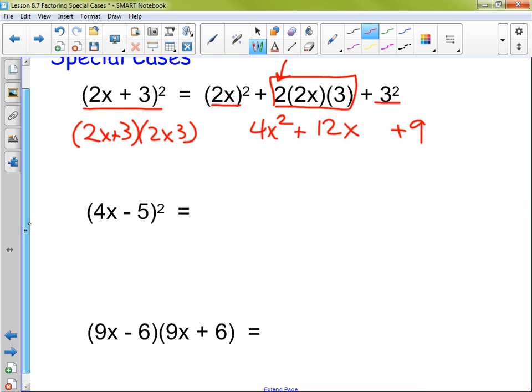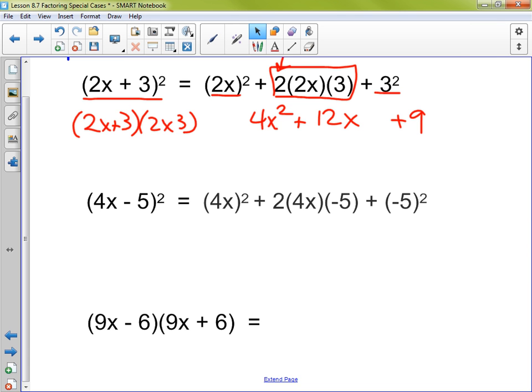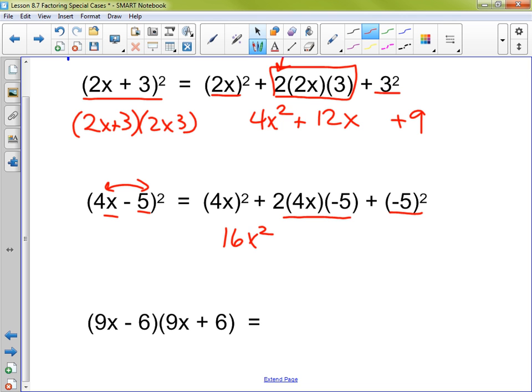The same was true when you have a subtraction, (4x - 5) squared. You're going to square the first term, square the last term, multiply the two together and double it. So this one becomes 16x squared, the last term is plus 25, and the middle term is minus 40x.